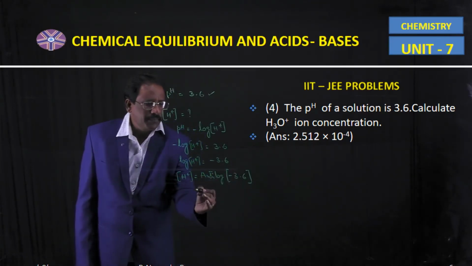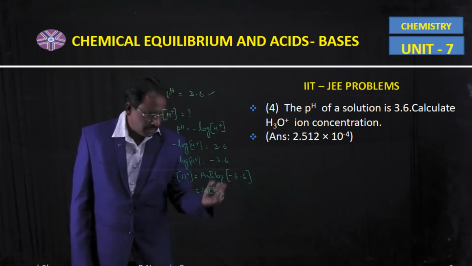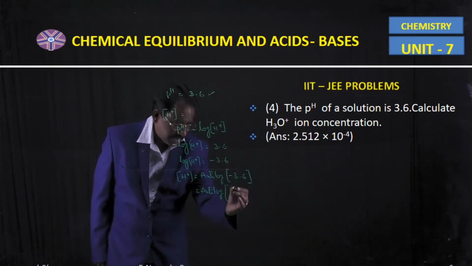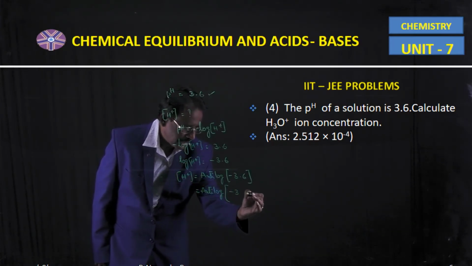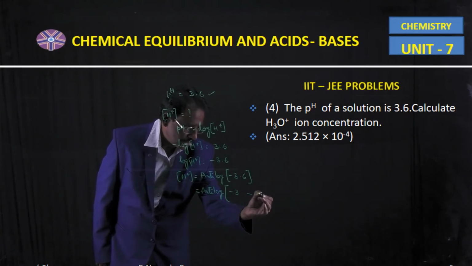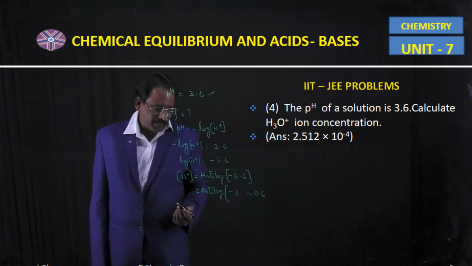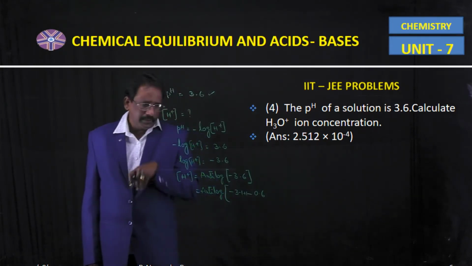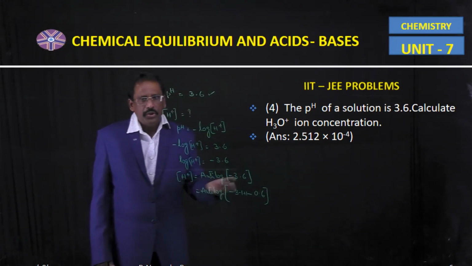That means anti-log of minus 3.6 indicates minus 3 minus 0.6. Add plus 1 and minus 1. Now this is minus 1 and this is plus 1. So this value becomes minus 1 and plus 1, 0.